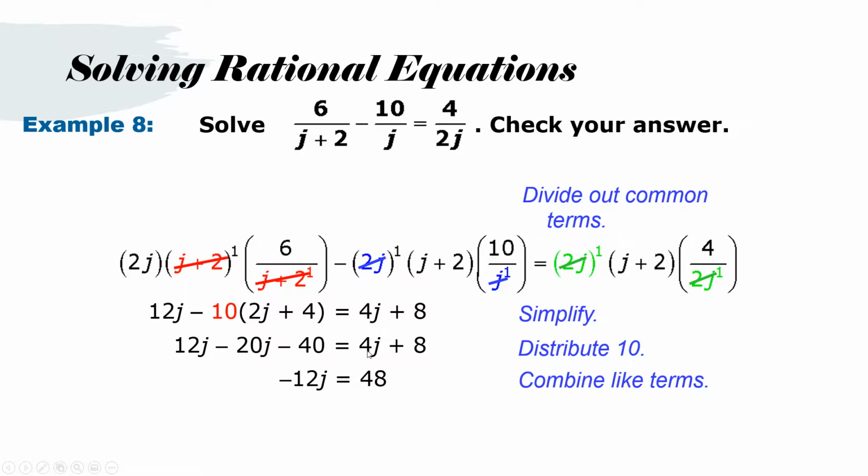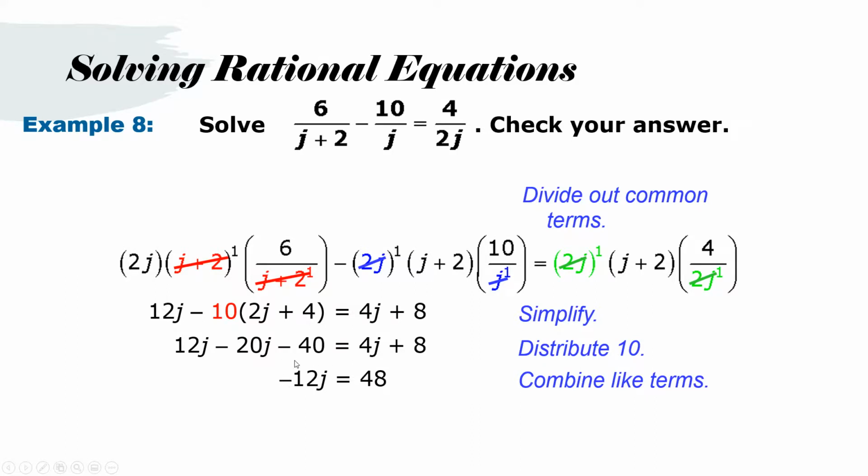So, we have to subtract both sides by negative 4j and 40. So here, we have to subtract it by 4j. Earlier, this was negative 8. So, negative 8j minus 4j is equal to negative 12j.